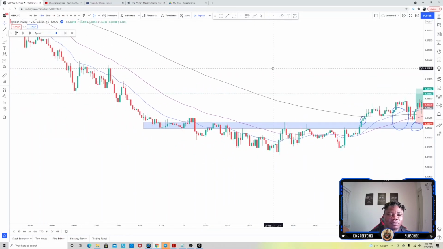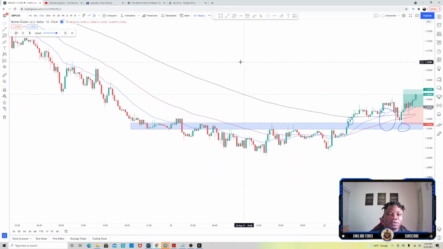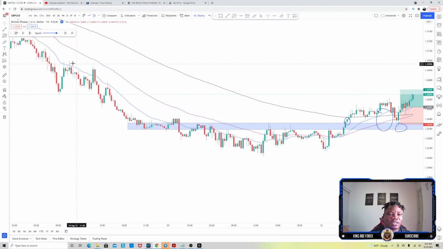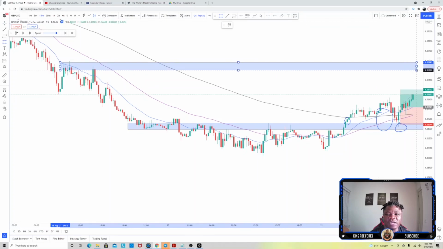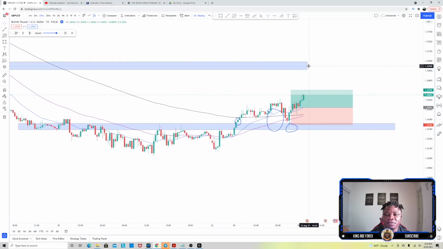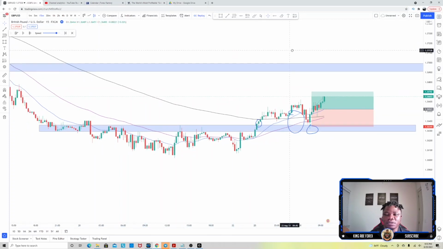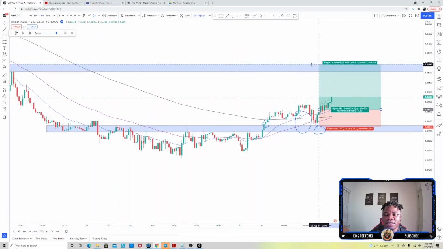Now to look for our take profit target, I know I can target this zone here because we have another zone over here, looking at this to the left hand side. Let me just make sure I have my zone correctly. We're targeting this zone for 46 pips, and we can have our stop loss right below the 3 EMAs here for 16 pips, risk to reward ratio 2 to 9.